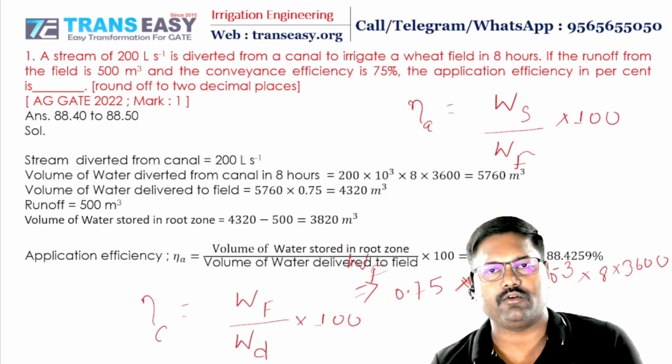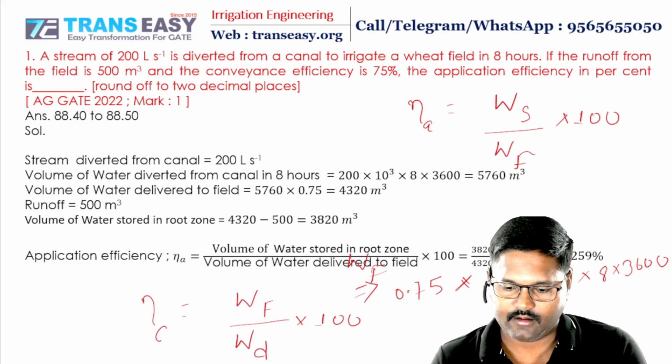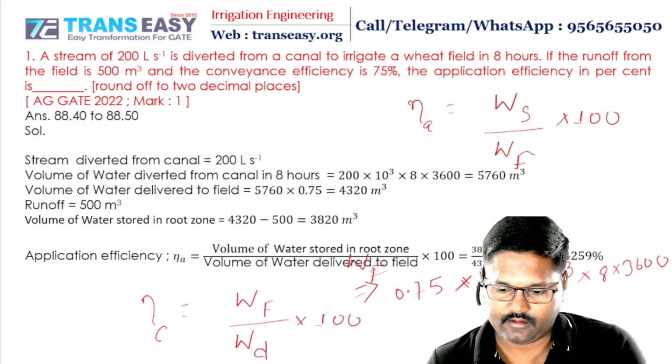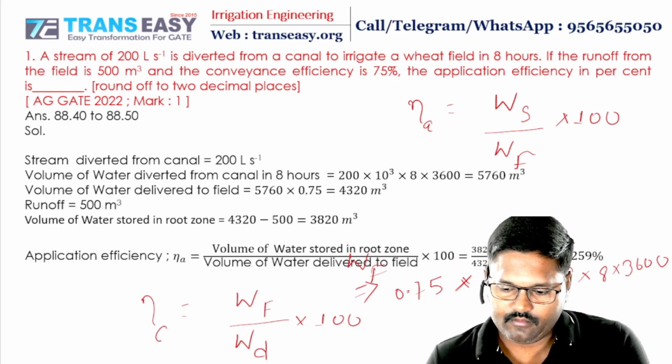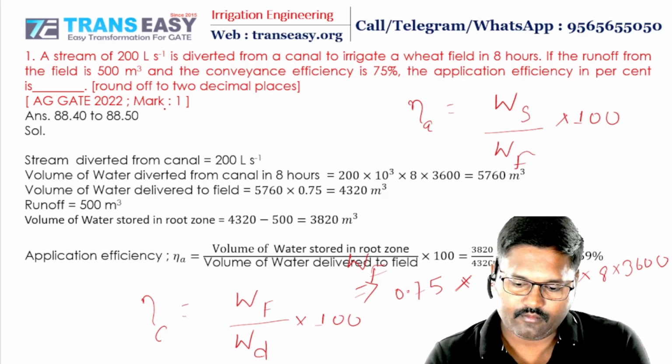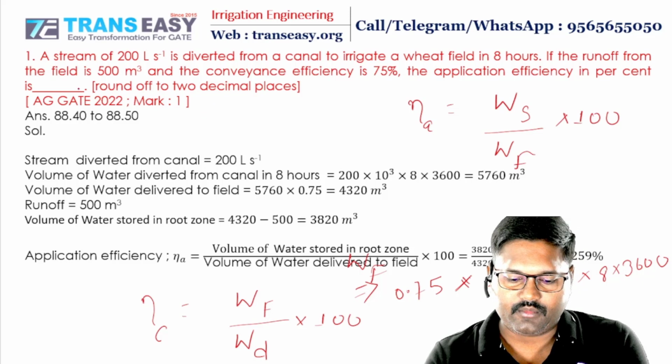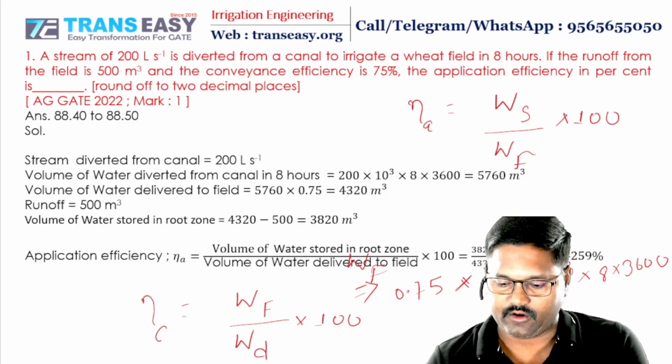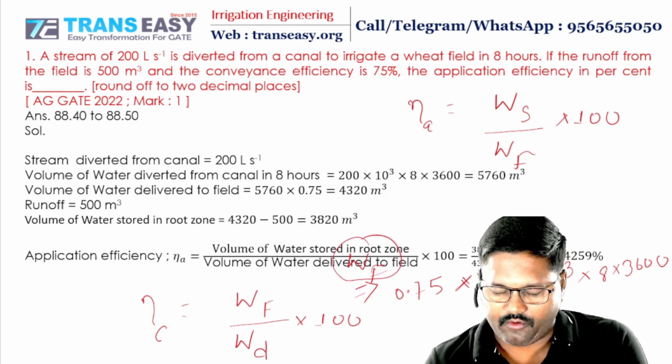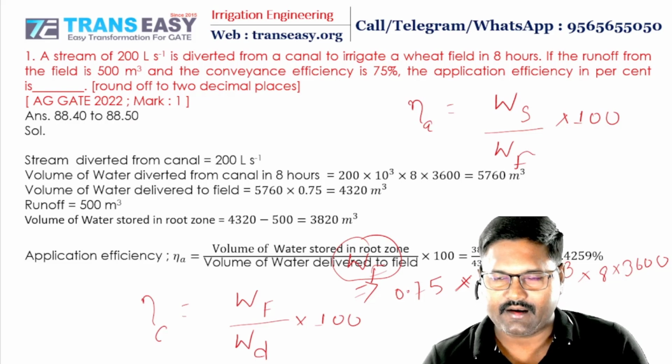Amount of water delivered to the field, right? If the runoff from the field is 500 meter cube, so this is the amount of water delivered to the field.